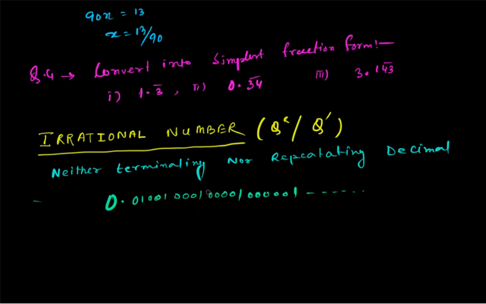This is an example of an irrational number. Or else you can put under root any non-perfect square like 3, like 5, like 11, but don't put any negative number under root. So it's root 7, say root 39. These are irrational numbers also. Okay.